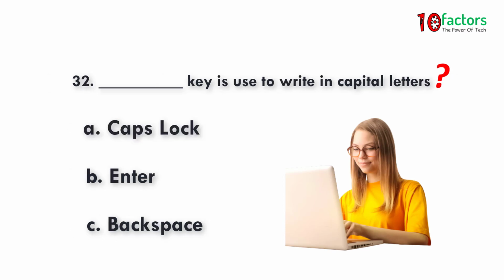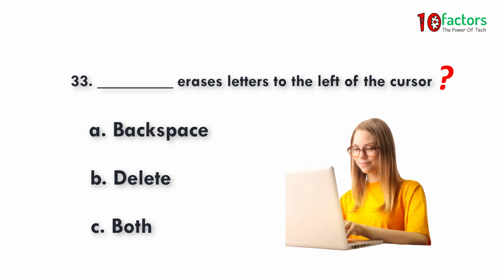Question 32. Key is used to write in capital letters. A. Caps lock. B. Enter. C. Backspace. Right answer, A. Caps lock. Question 33. Erases letters to the left of the cursor. A. Backspace. B. Delete. C. Both. Right answer, A. Backspace.